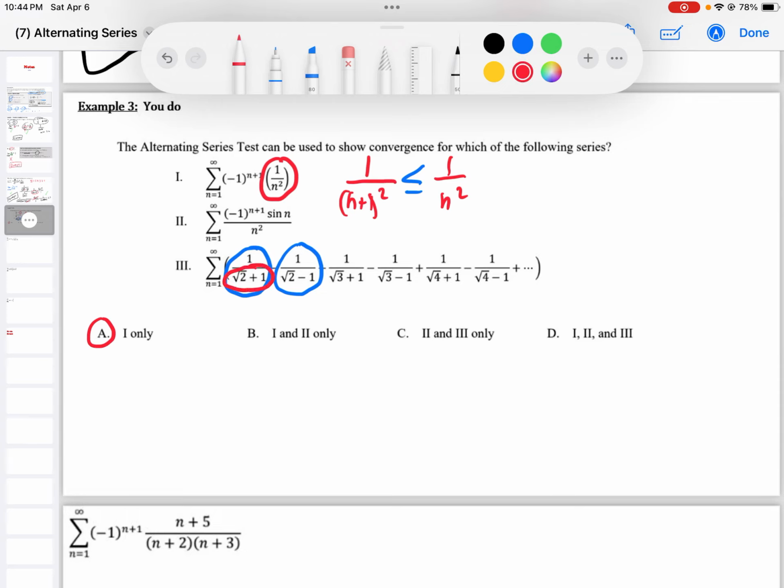This denominator is bigger than this denominator. Oh wait, that kind of makes sense. Is that denominator? Okay, this one always confuses me. That denominator is bigger because I'm adding 1, so it makes it smaller. Okay, yeah, so it's backwards.